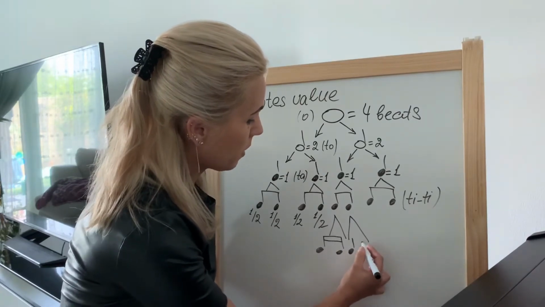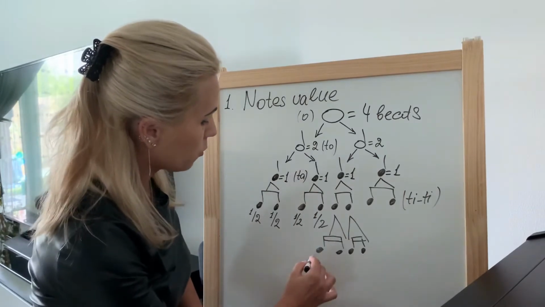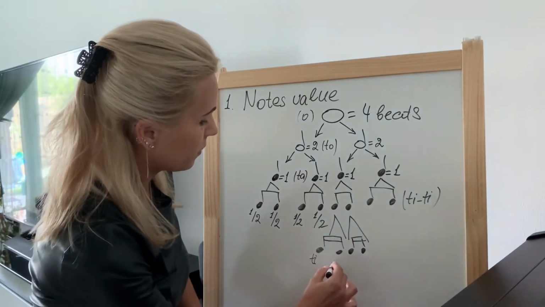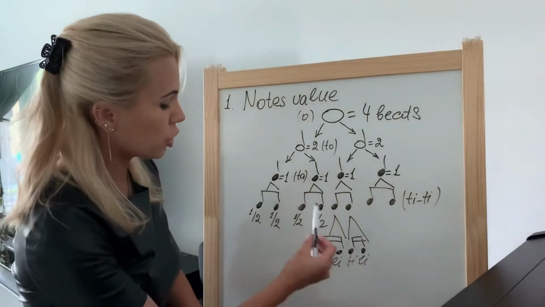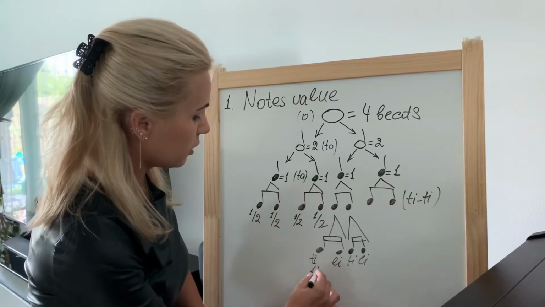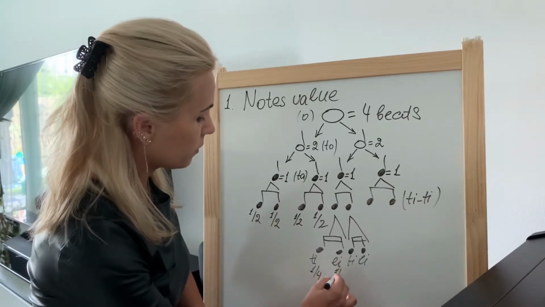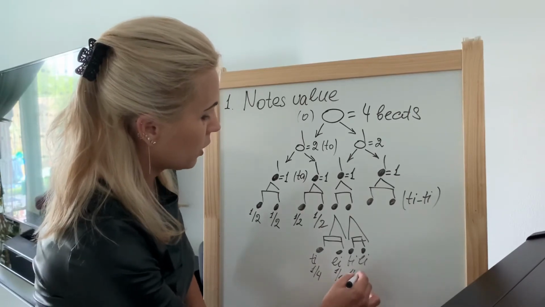Semiquavers are really fast. They sound really fast. So I'm calling them tilly, tilly, tilly. And each of them fits in a quarter of your beat. So a quarter of a beat is each of them.